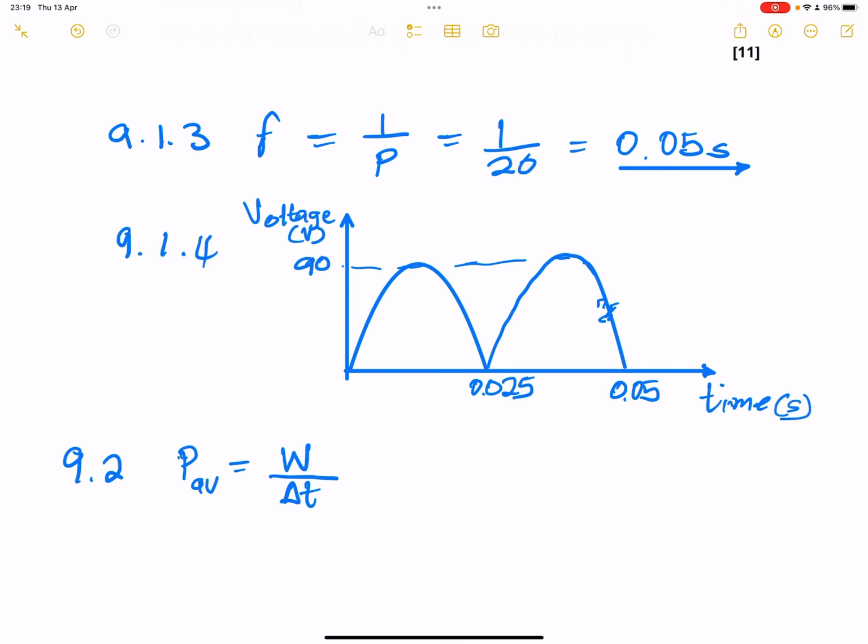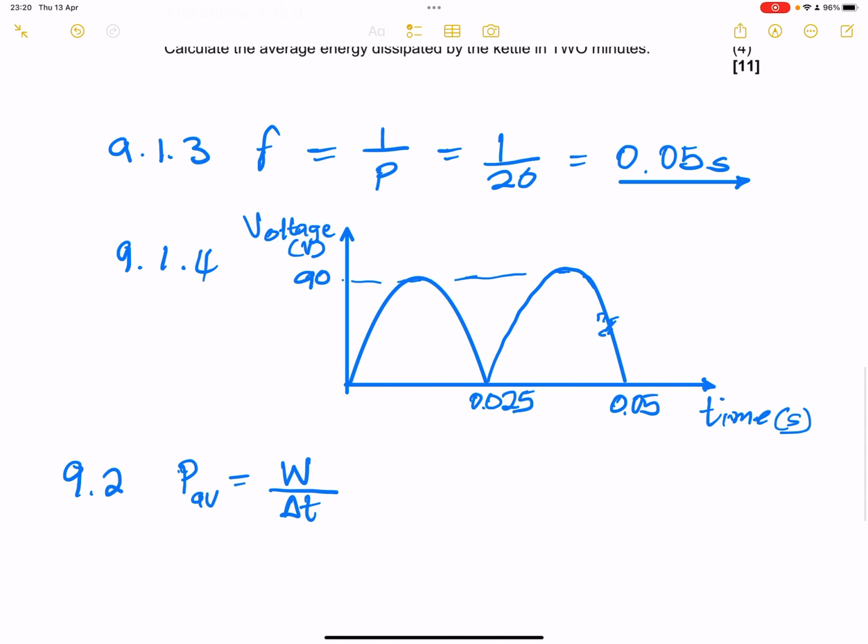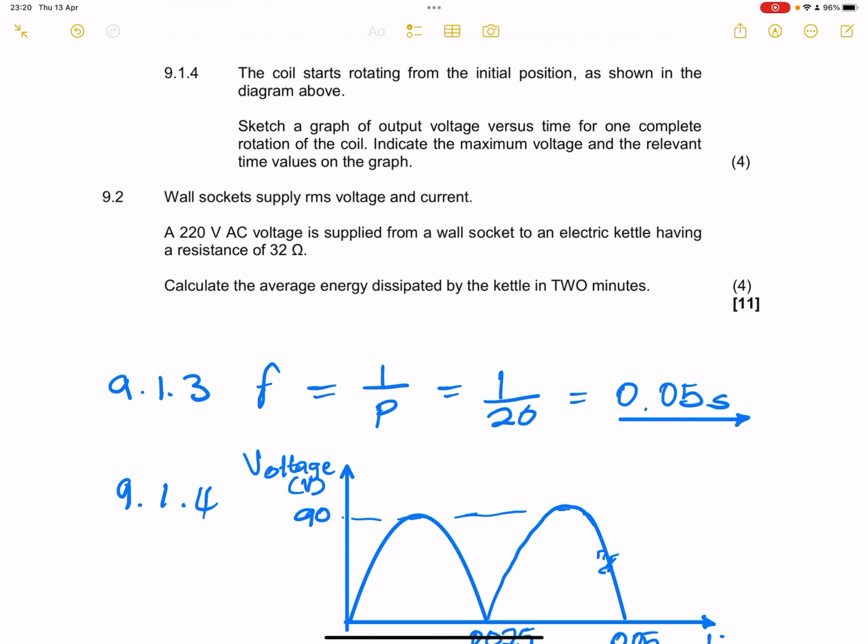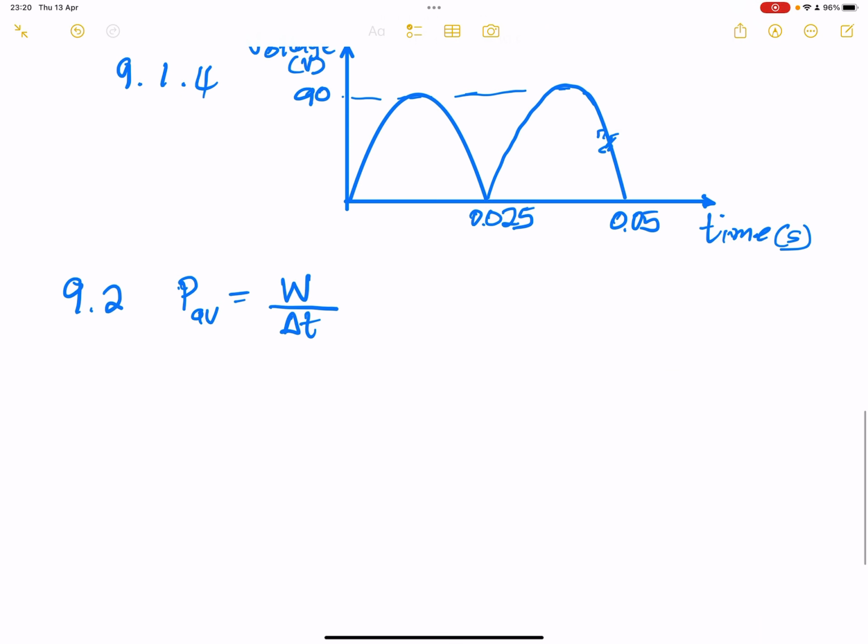What we need to find is the average power. And because we're talking about voltage and resistance, P average would be equal to V RMS squared divided by R.